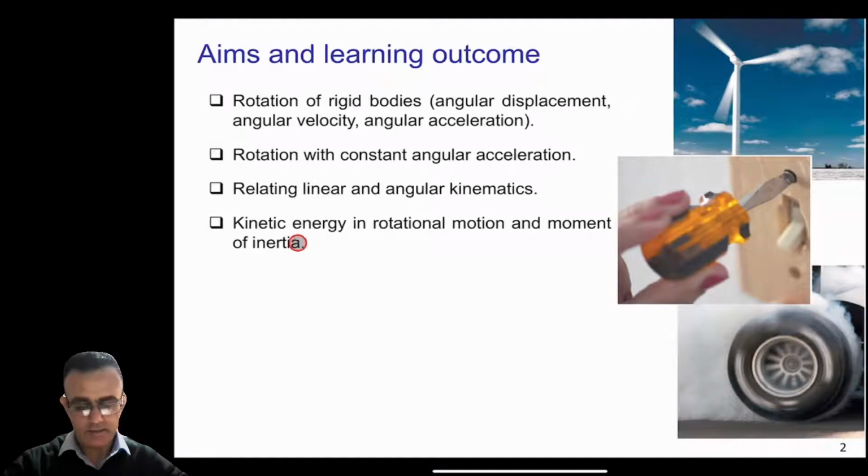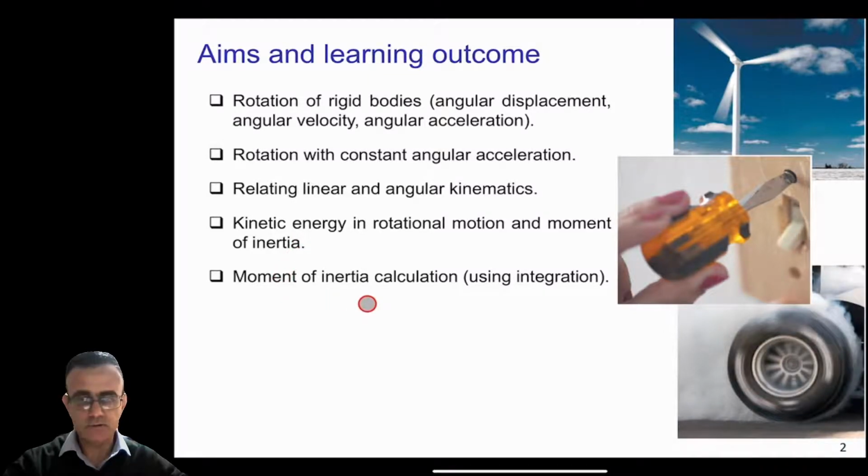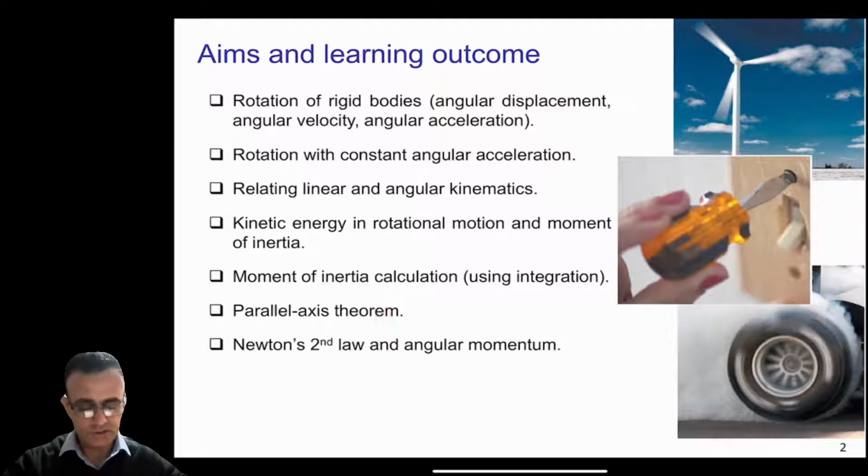And then we will discuss kinetic energy in rotational motion, and moment of inertia. We will introduce moment of inertia here, and then we will discuss how to calculate the moment of inertia using the integration procedure. And we will discuss the parallel axis theorem, which is a way to calculate the moment of inertia. And these final two topics will be discussed in the next lecture.